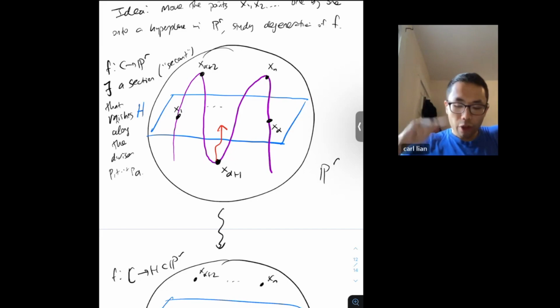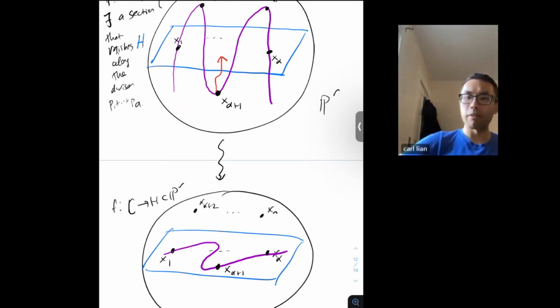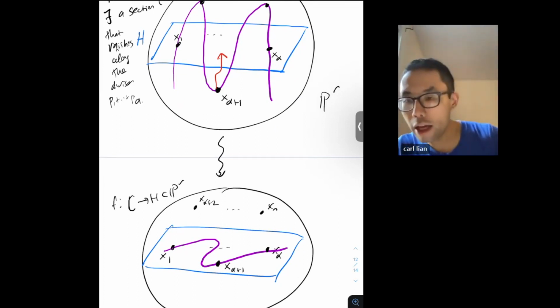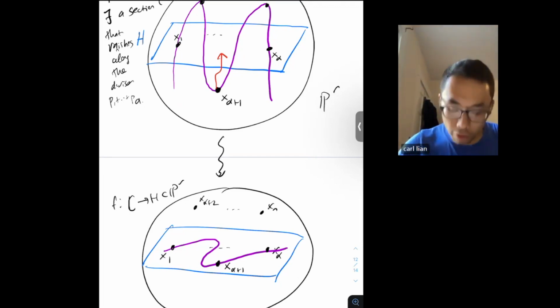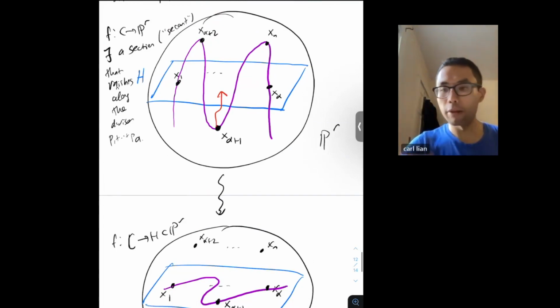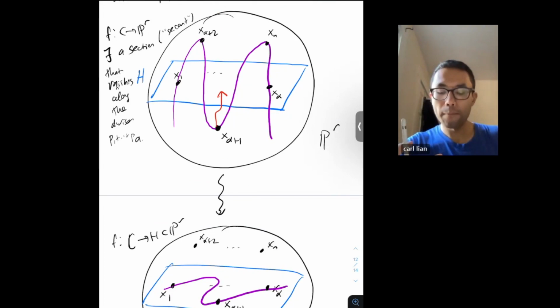And on the other hand, if you take the limit of this map to PR, that section becomes invisible, right? The section becomes zero. Once your map just stays in H, that section has been sent to zero, so I've lost the data of that special section. On the other hand, if you remember not just the map from C to PR, but the limit of the span of the sections, right?